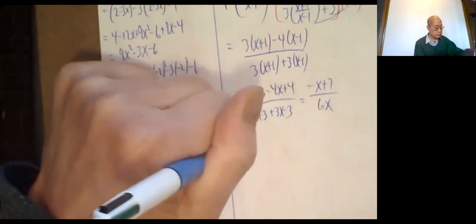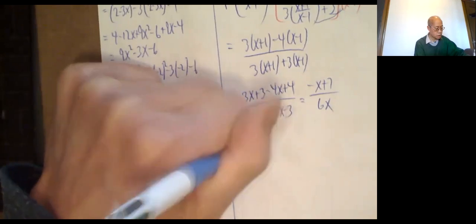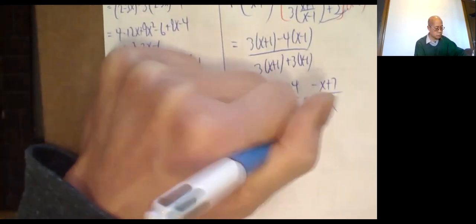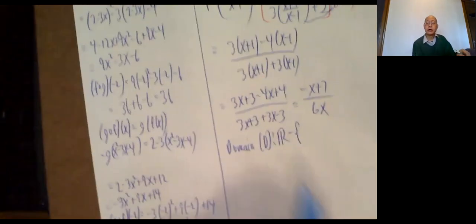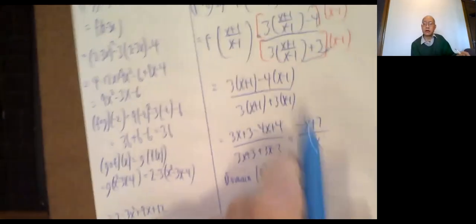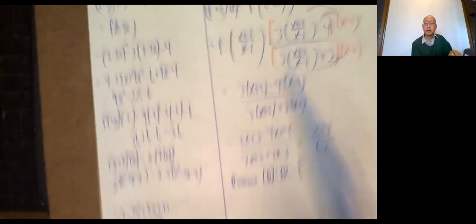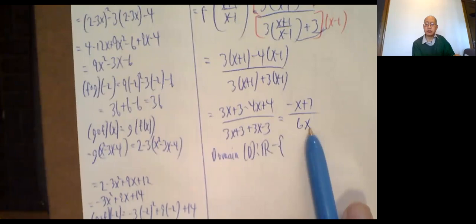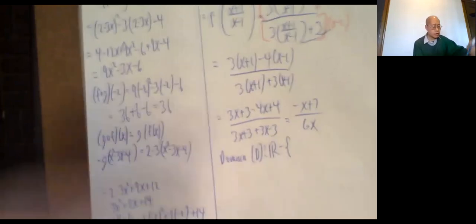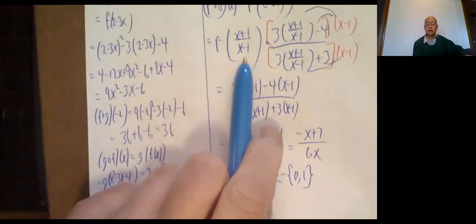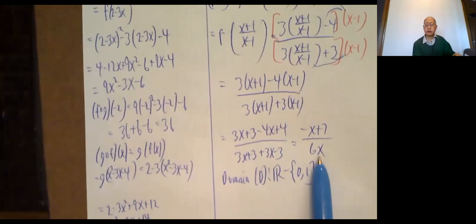Okay, so the domain, or D. Back over here, I was not allowed to plug in 1. Here, I'm not allowed to have 0. So set of all real numbers minus a set consisting of 0 and 1. 1 is no good from over here. 0 is no good over here.